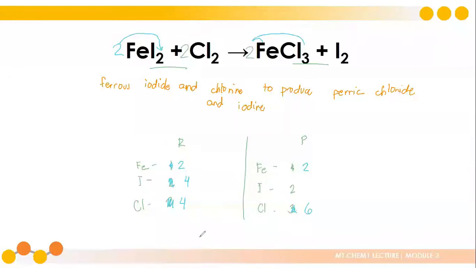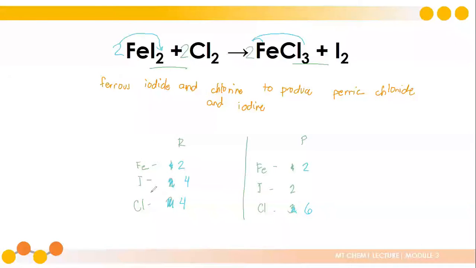Take a look again. You can see iron is now balanced, but iodine and chlorine are not. What we need to do now is proceed with adding coefficients. Again, as I've said, balancing an equation is a trial and error process, so you just need to add and add.